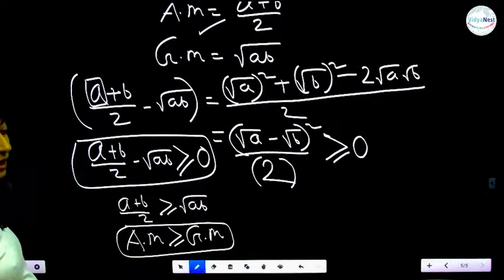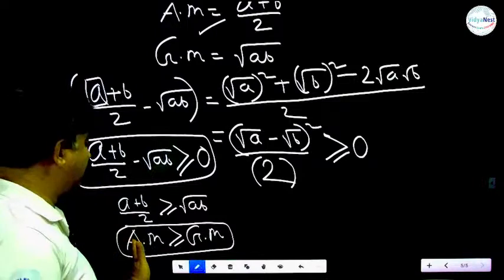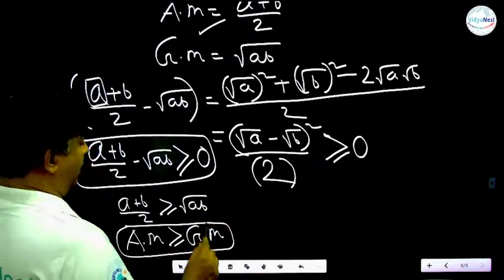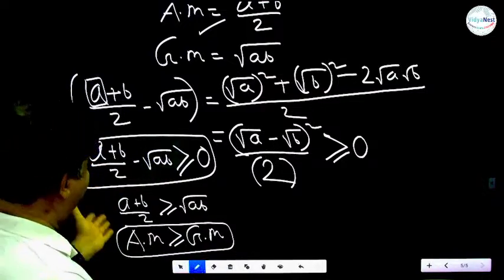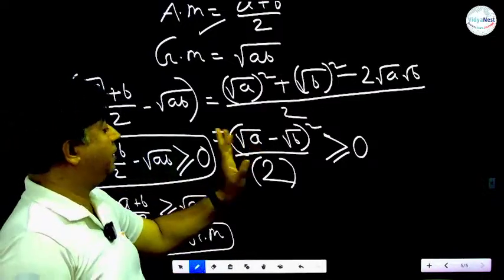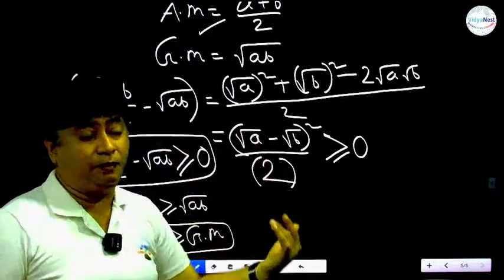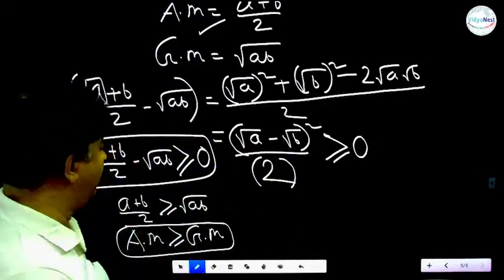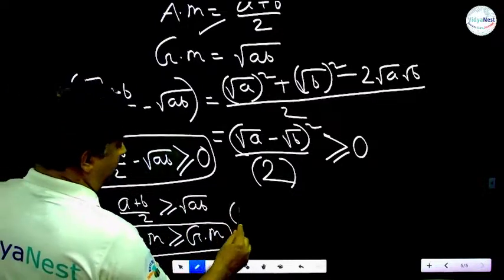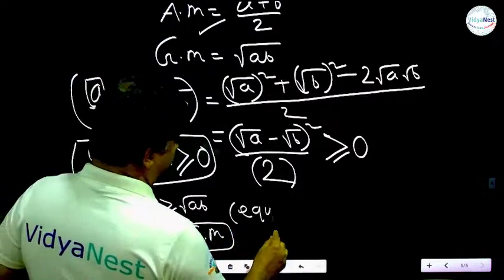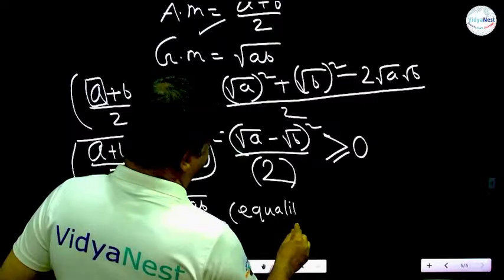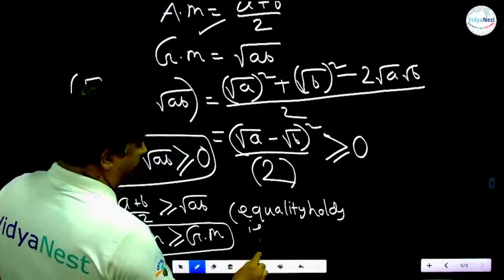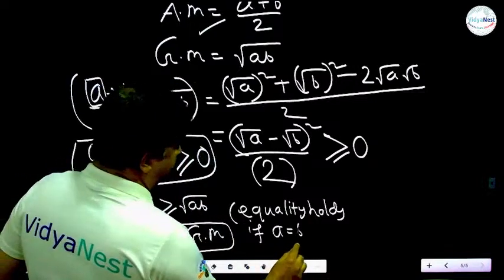We have got that relation: arithmetic mean greater than or equal to geometric mean. See, इक्वलिटी कब आएगा? जब ये जो डिजिट जिसका अरिथमेटिक मीन और जियोमेट्रिक मीन ले रहा हूं हम, वो जब इक्वल हो जाएगा. तो एज ए साइड नोट यू राइट equality holds if A is equal to B.